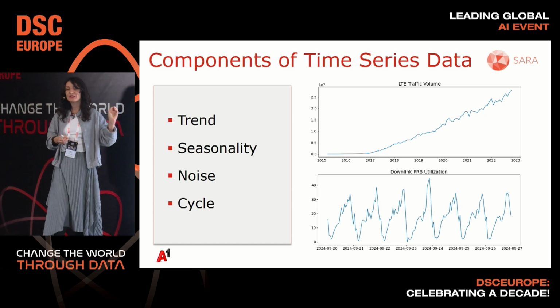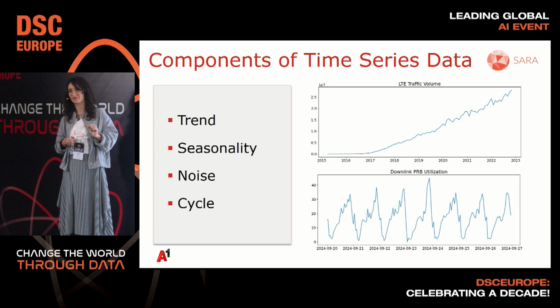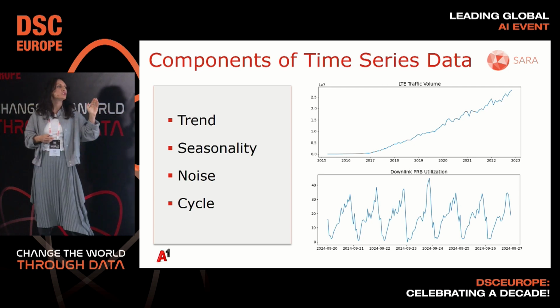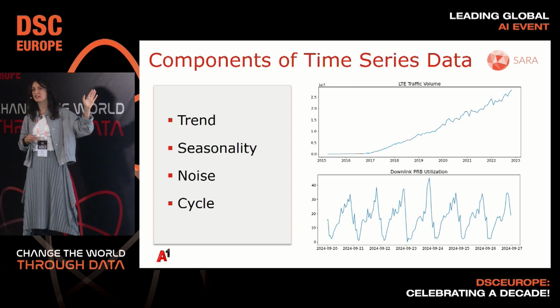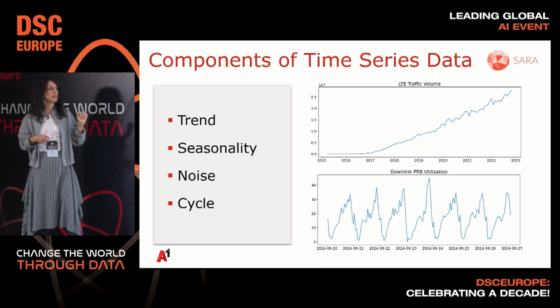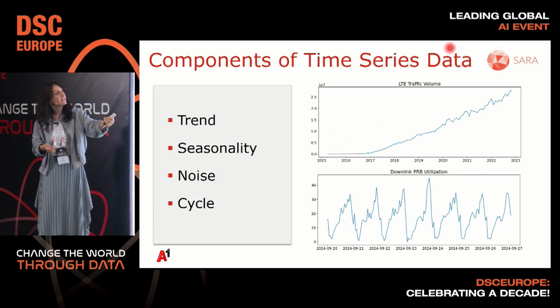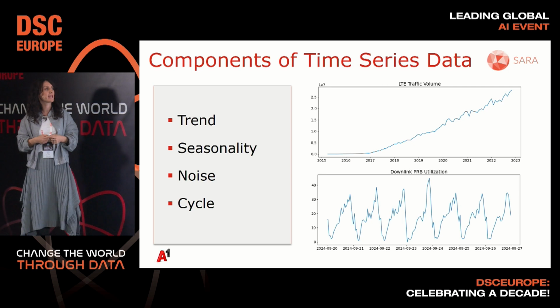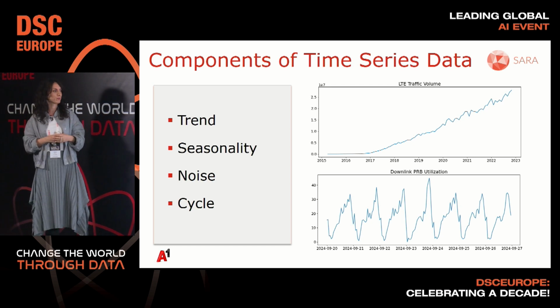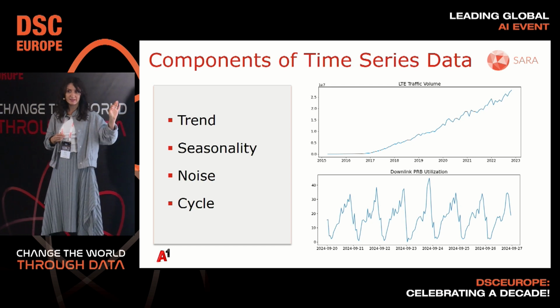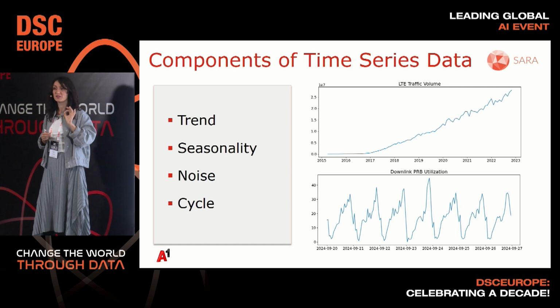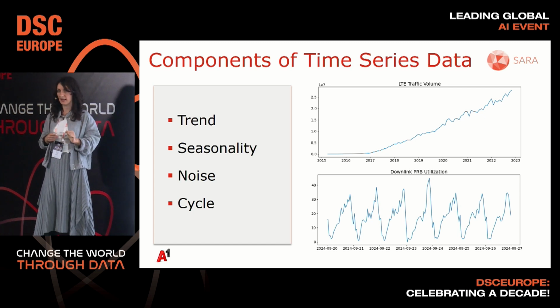Telco data shows some really predictable patterns. For example, there is always some long-term increasing or decreasing trend, and as you can see in this upper figure, we have a long-term increasing trend in traffic volume. If we zoom in a little bit, often we will observe some daily or weekly seasonality.